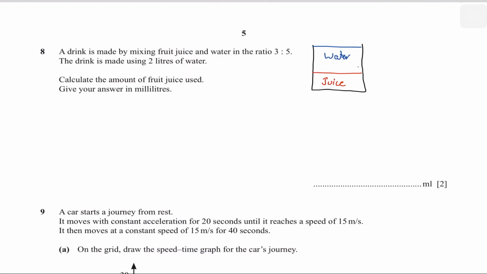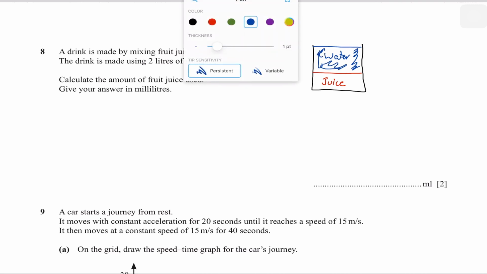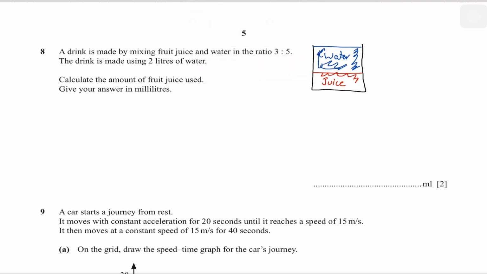Let's just color this blue, and let's just color the juice part red. There you go. So they're in the ratio 3:5. Now the question says that the drink is made using 2 liters of water. So that means the water, which is going to be 5 parts, is basically equal to 2 liters of water.